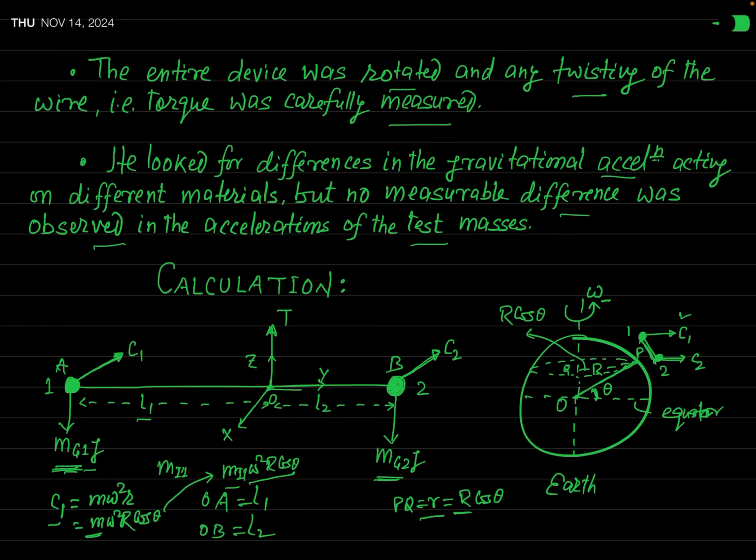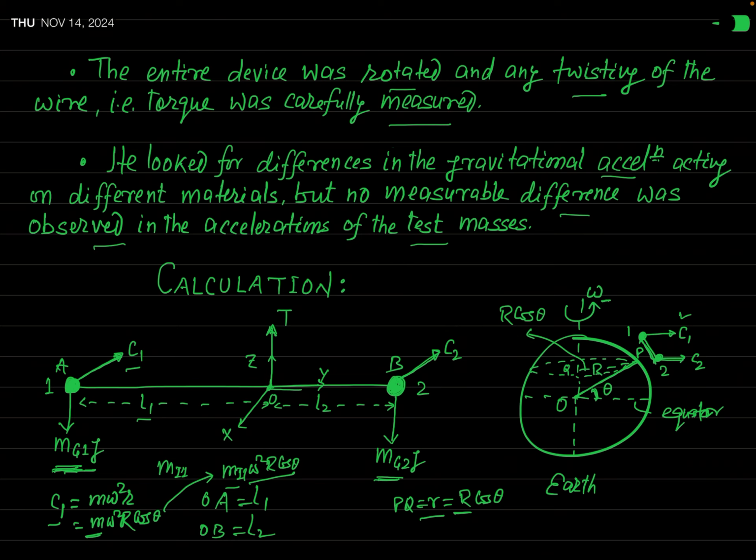So, neglecting all other forces, you can say that two forces are acting on bodies 1 and 2. The first one is the force of gravity, and the other is the centrifugal force. Now, this rod is in equilibrium, that is, it is in rotational equilibrium.